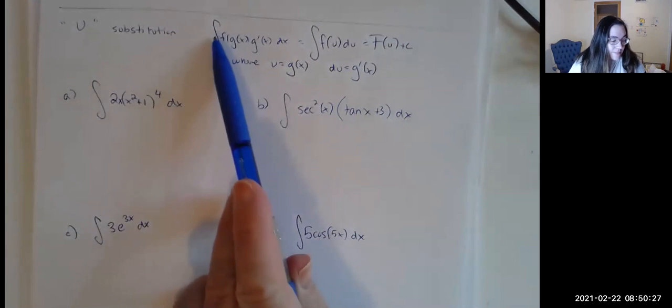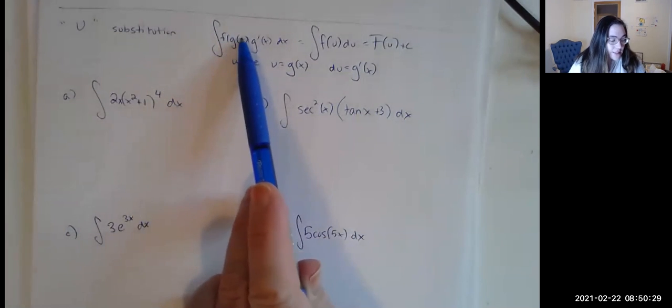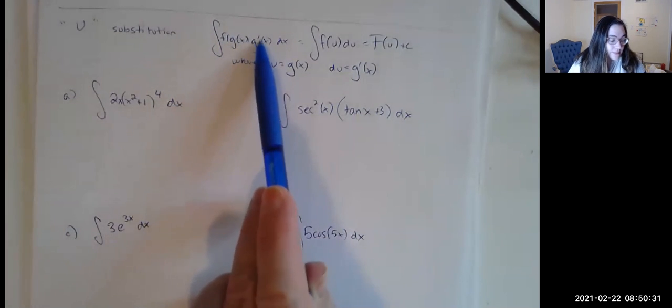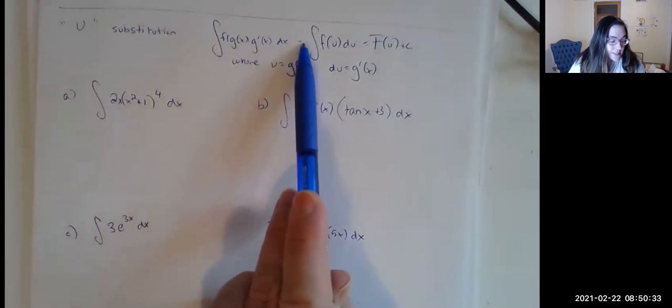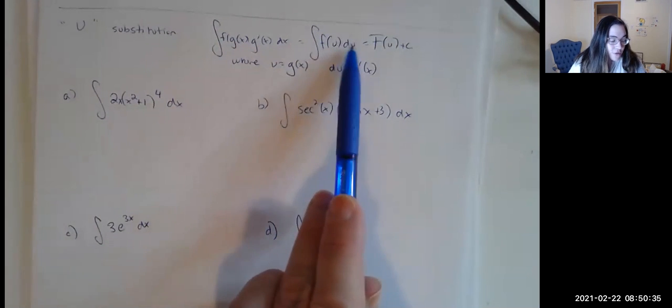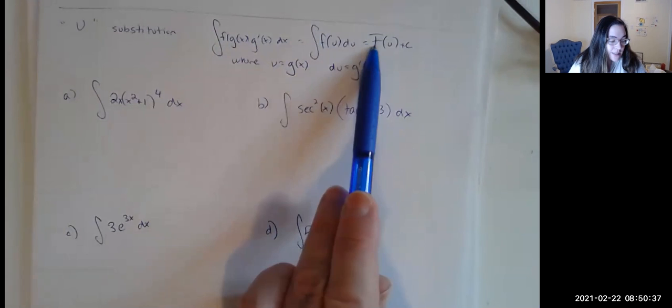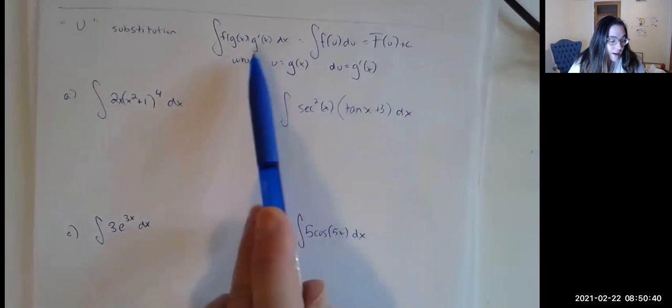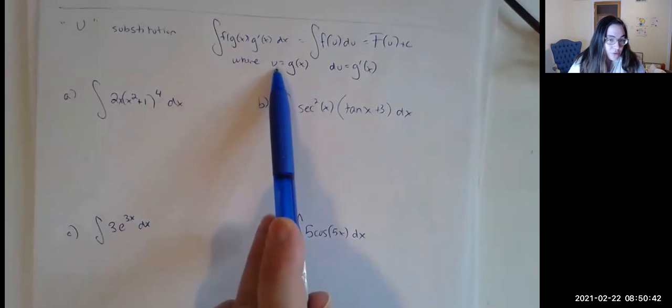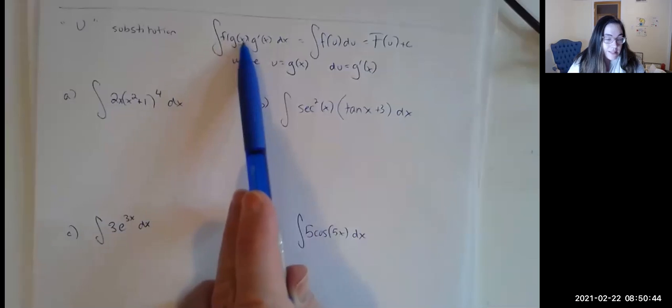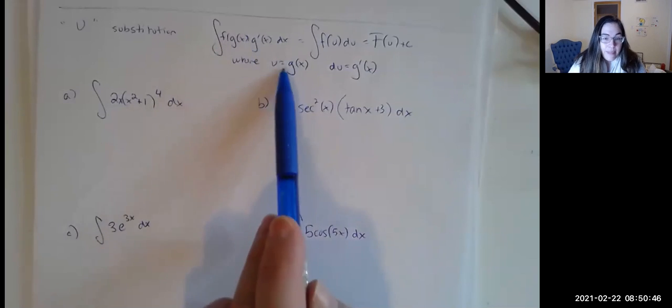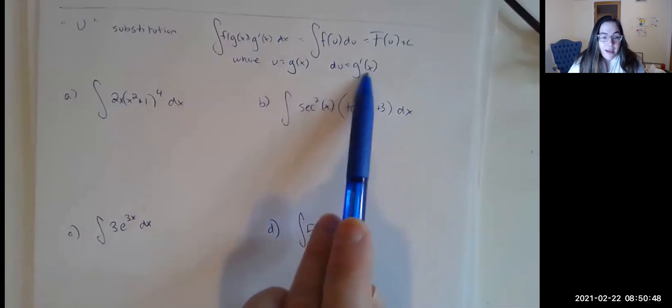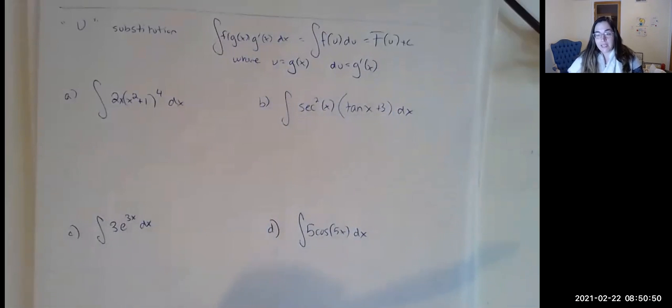And that is the integral of f of g of x times the derivative of g of x dx is equal to the integral of f of u du, which is the antiderivative of f of u plus c. And what we're going to do is substitute u for the inside function, the g of x, and then du is going to be g prime of x dx. And I'll show you how this works. It's not that tricky. It's just something that will come with practice.